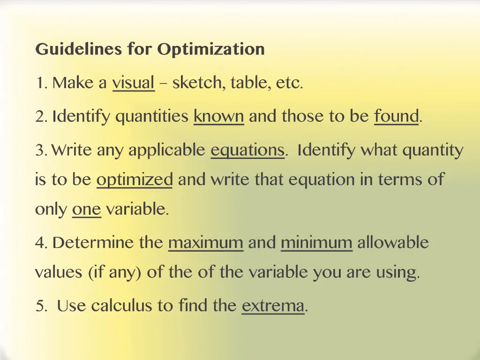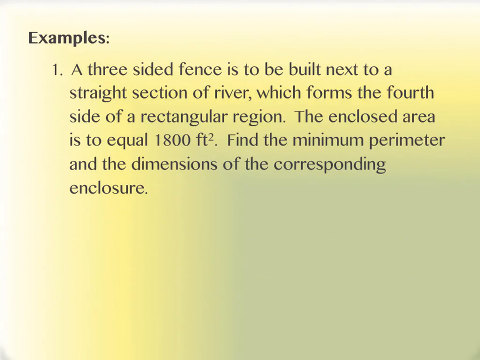We're going to do an example, and this is an example that you have probably seen done without calculus before, and that's fine. I'm going to show you how to do it with calculus, just as a beginning example of how this can be used. Okay? So, our first example is we have a 3-sided fence, and it is to be built next to a straight section of a river. The river forms the 4th side of a rectangular region.